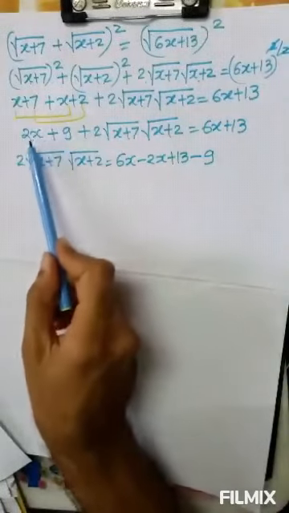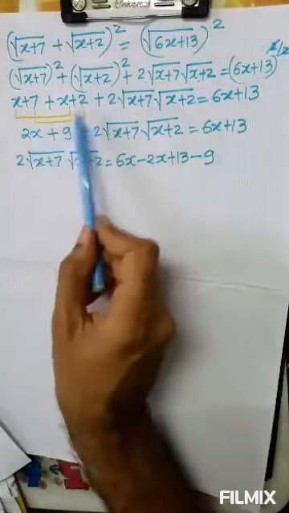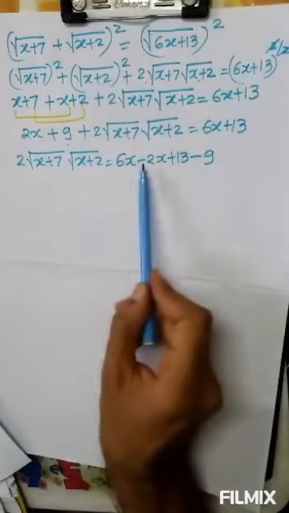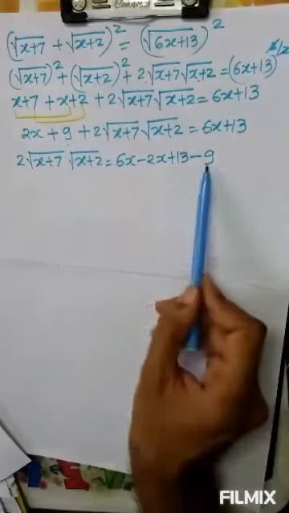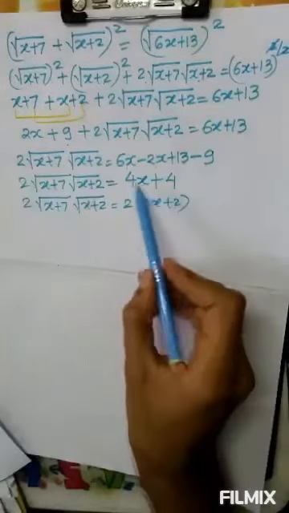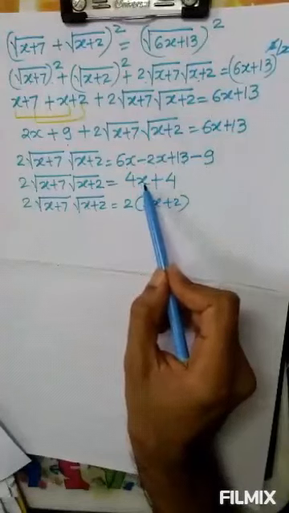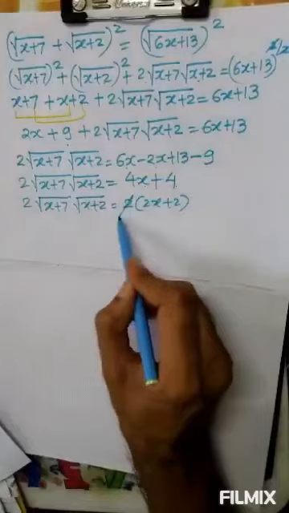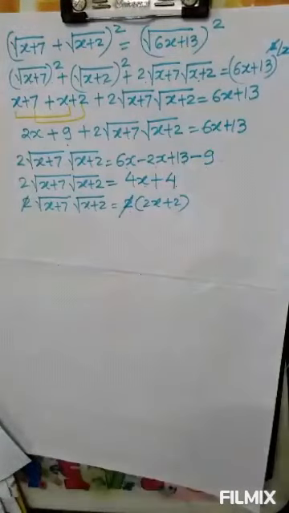So x plus x gets added, it's 2x, 7 plus 2 is 9, which we take on the right hand side. So 2x becomes minus 2x, plus 9 becomes minus 9. So 6x minus 2x, 13 minus 9, which becomes 4x plus 4, which we can take 2 common in the next step, which cancels out with this.